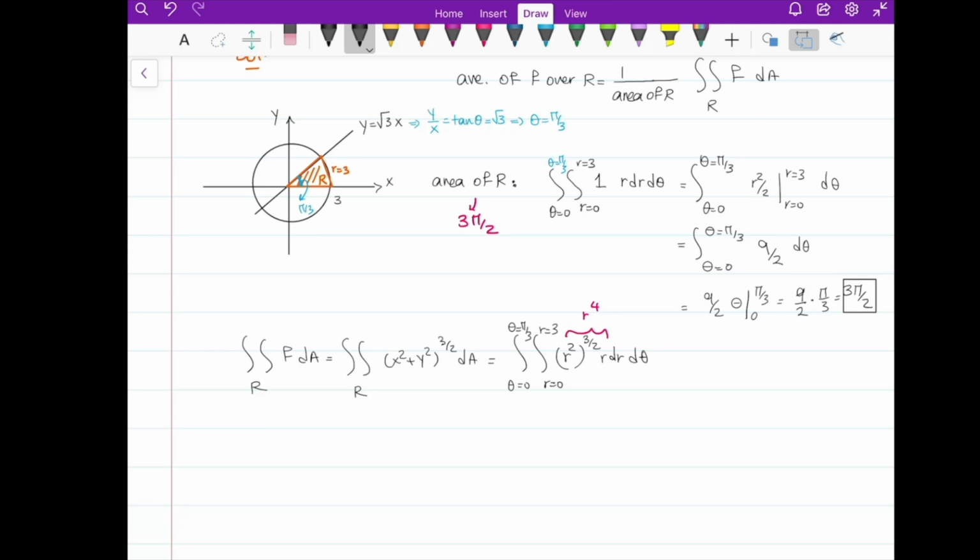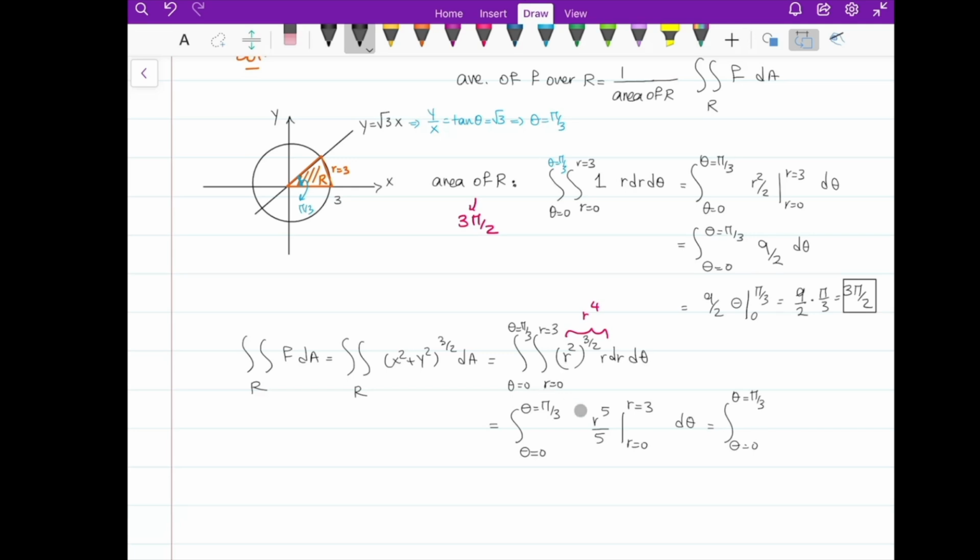Now this integral would be theta from 0 to pi over 3, and the answer for the inner integral would be r to the power of 5 over 5, r from 0 to 3, don't forget d theta, from 0 to pi over 3.